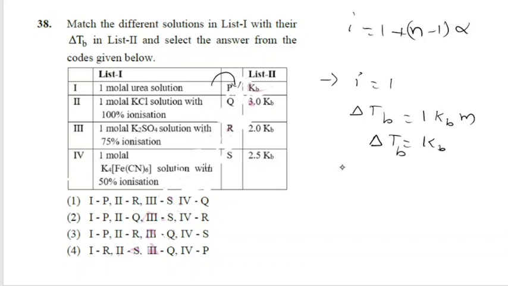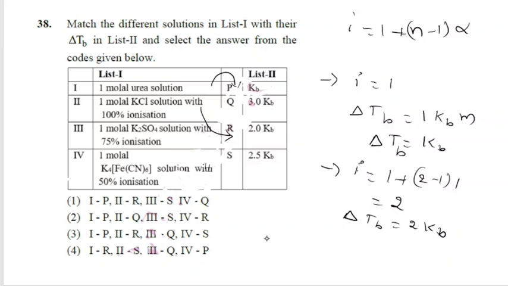And what about the second one, KCl? Two ions will be liberated for each molecule, so n is equal to 2 here, and i is equal to 1 plus (2 minus 1) into 100%, that is alpha is 1, where we get i is equal to 2, and hence ΔTb is equal to 2 Kb. The second one is matching with R here.